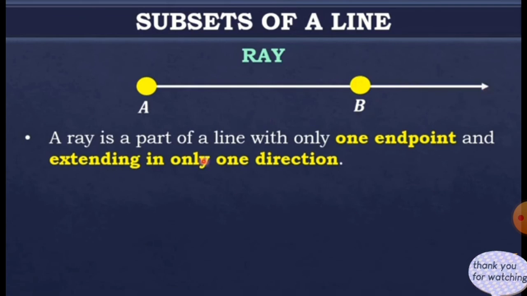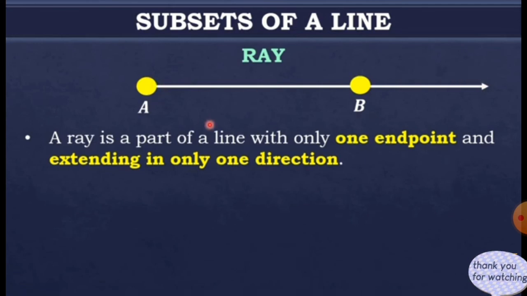Okay, so yung isang point mo ay papunta siya sa infinite direction. So isang endpoint and extending in only one direction. Ulitin ko, ang line segment may 2 endpoint natatapos. Ang ray po, isa lang po ang endpoint niya, papunta sa infinite direction.